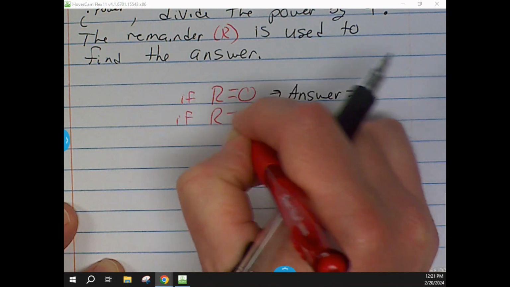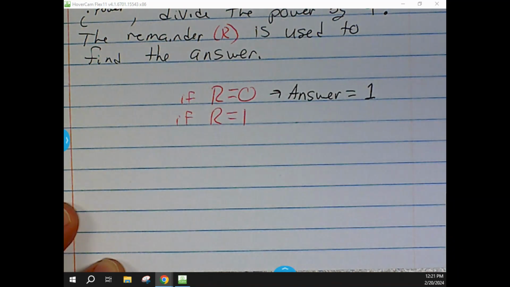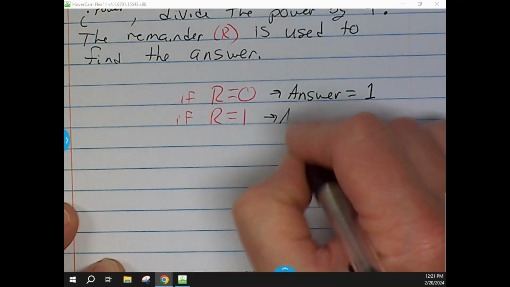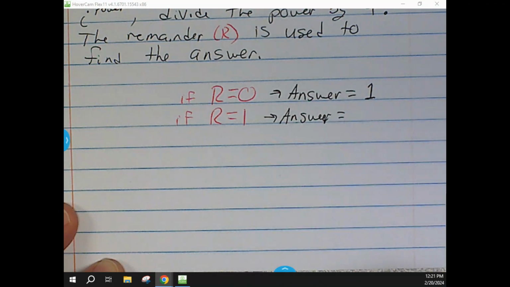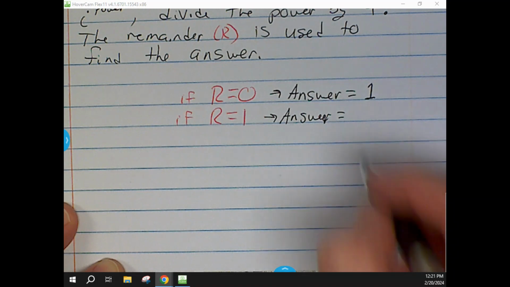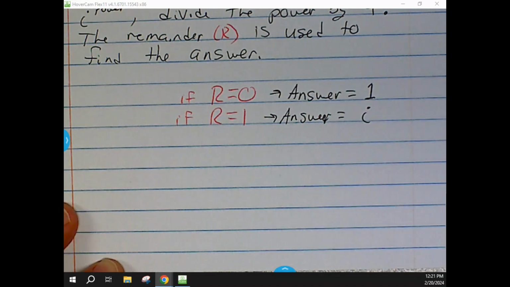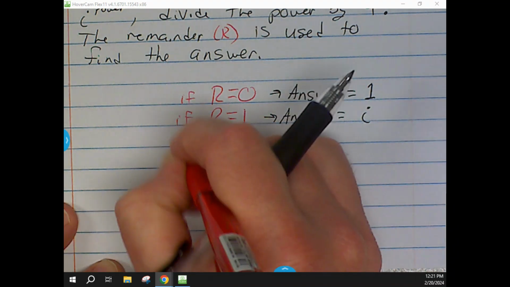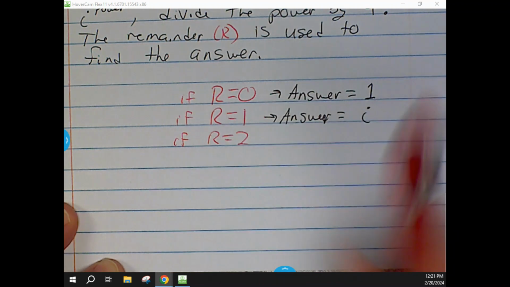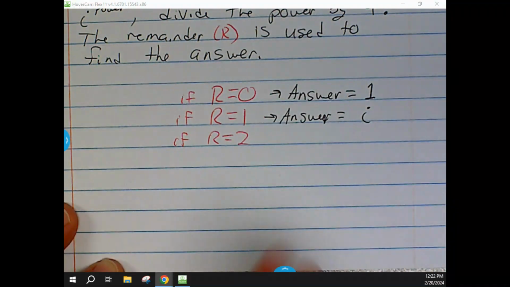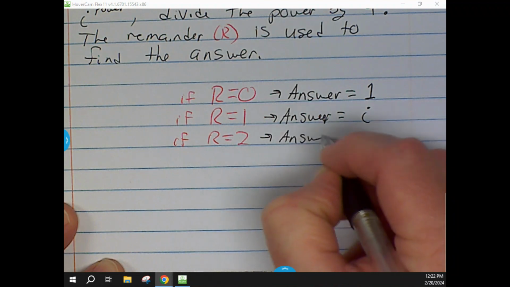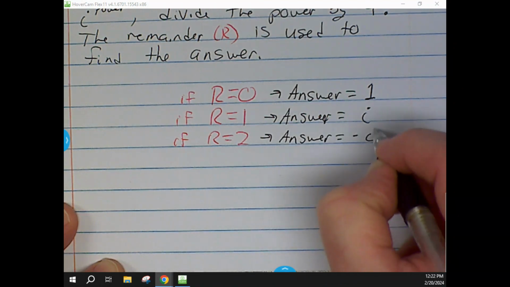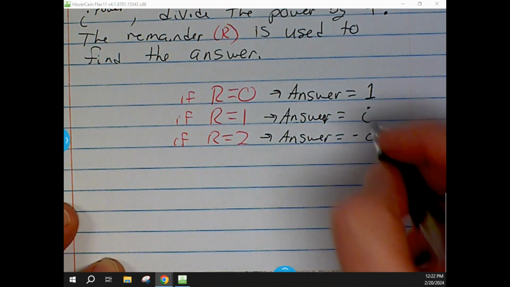If your remainder equals 1, your answer is going to equal i. Okay. If you do your division, you get a remainder of 2. Your answer is going to equal negative 1. Oops, my bad.